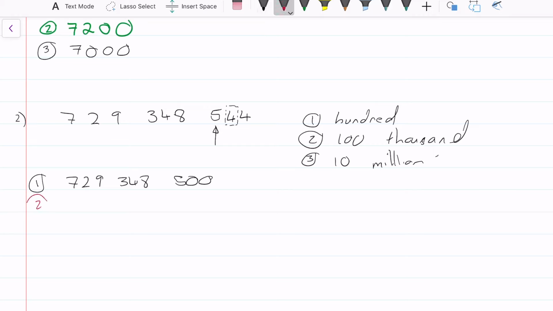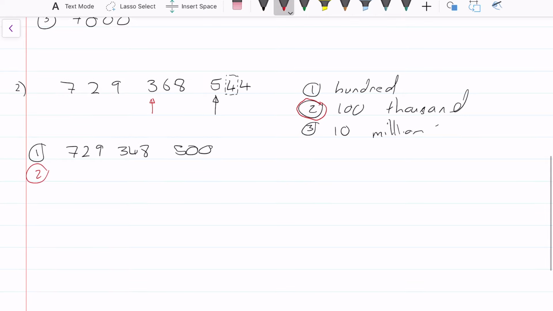So looking at the second question, what we have is 100,000. So this is 1,000, so this is 100,000. Let's actually change that number to a 6. So we add 100,000. Let's look at this, and we have the number before that is a 6.